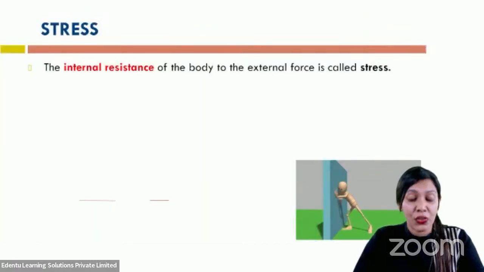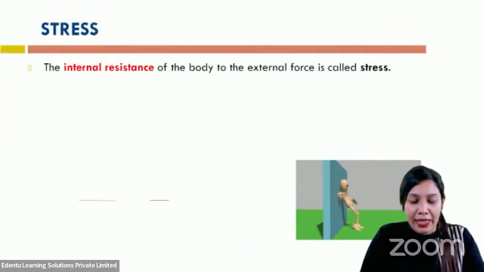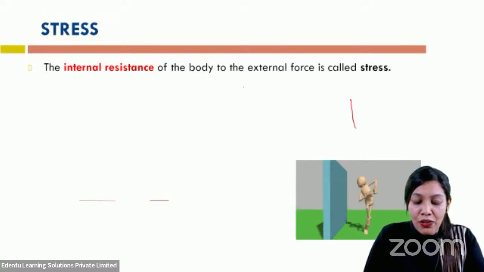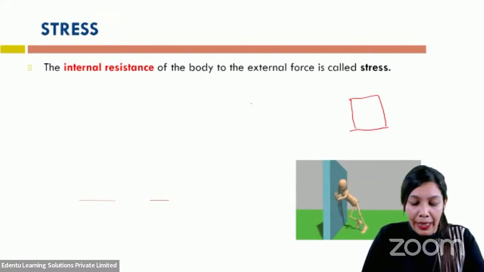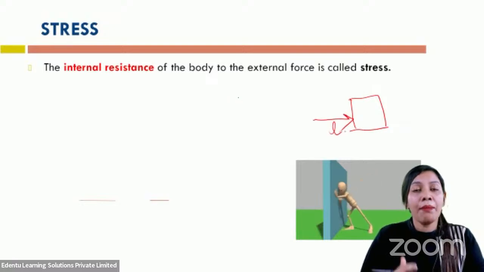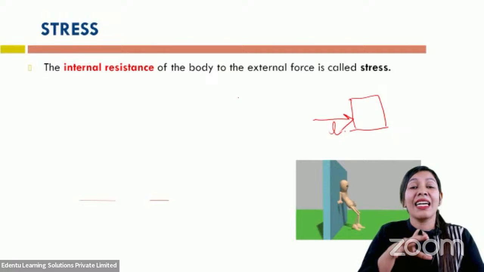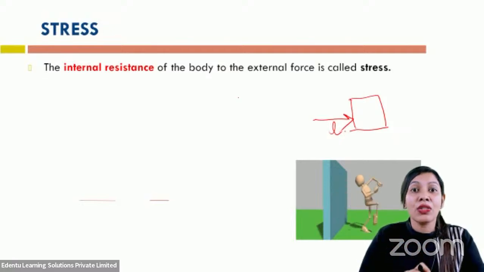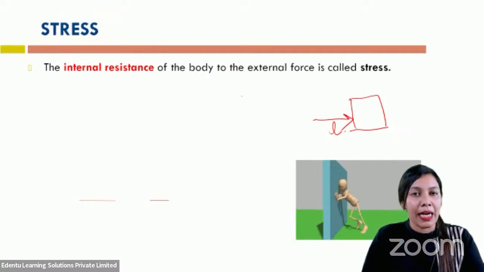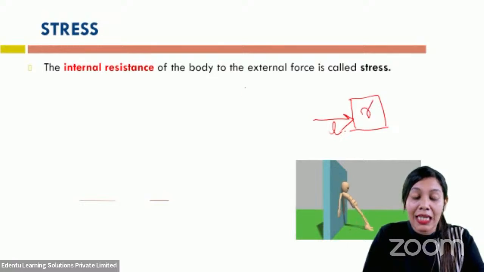So what is stress? Before going into stress, first of all, I'll draw an image. This is one body. When I apply a load from outside, L, the body tends to slide. It will try to slide away. But at the same time, the material will develop an internal resistance.